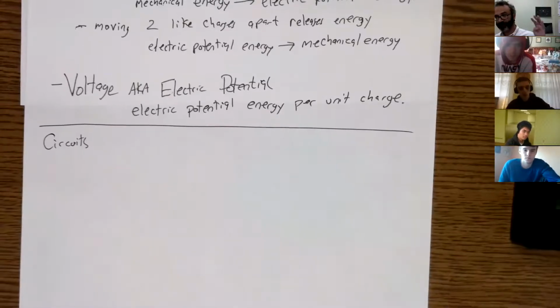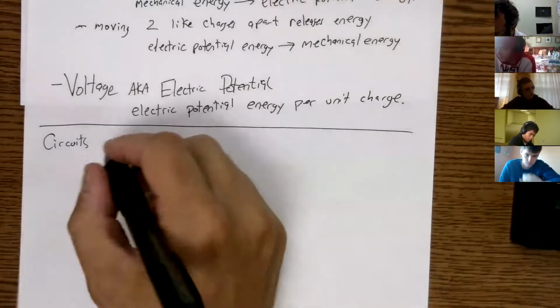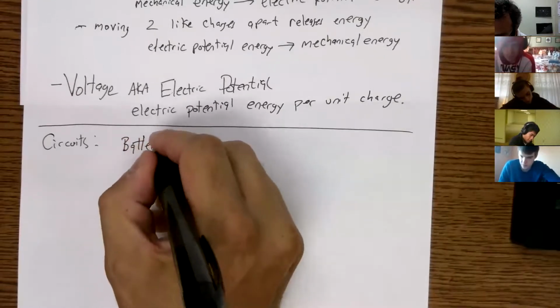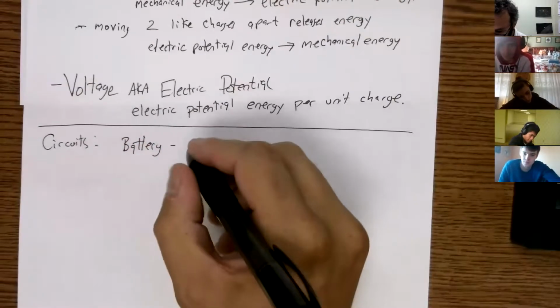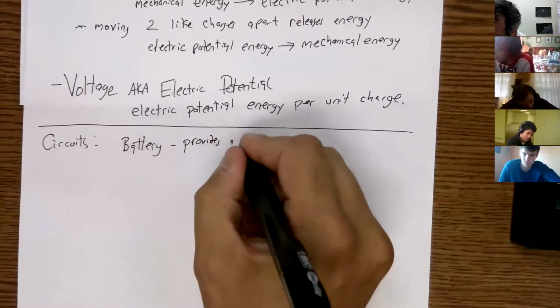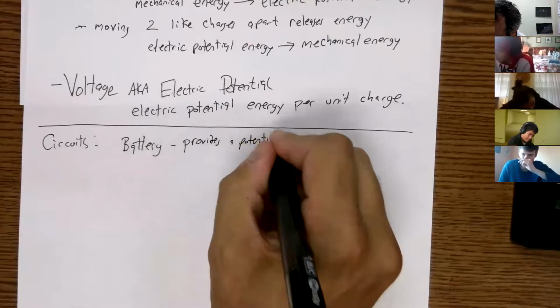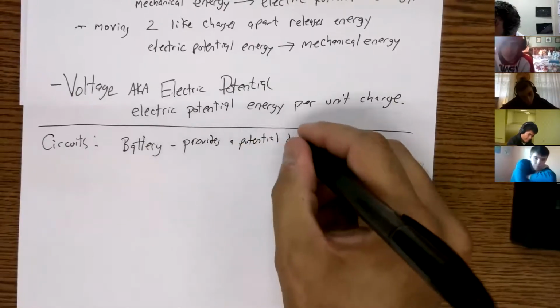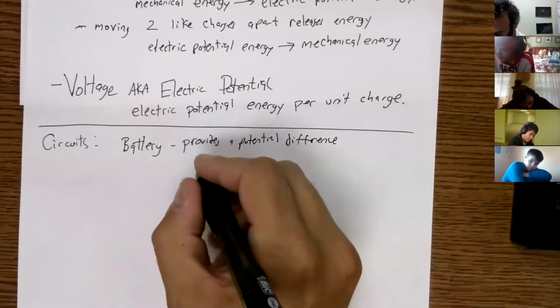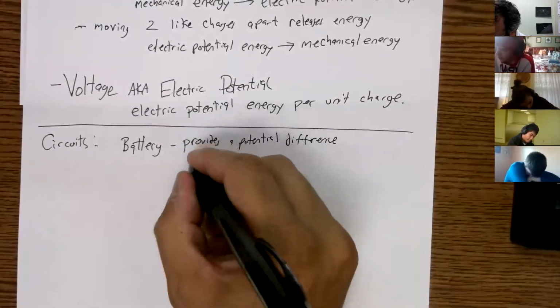So in circuits, there's really 4 circuit elements that we're going to look at. There are batteries, and that provides a potential difference, so that there is an electric field in the wire.